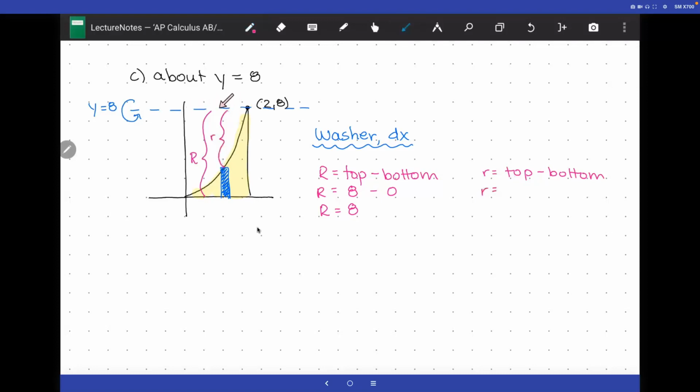This distance will always follow the line y equals 8. What about the bottom of the little r? As this rectangle moves across the region, what's the equation that this traces? Y equals 2x squared. And that actually doesn't simplify, so there's my little r right there. 8 minus 2x squared.